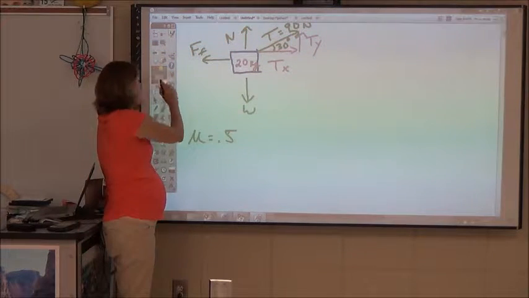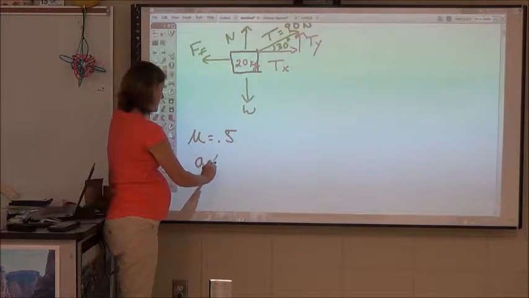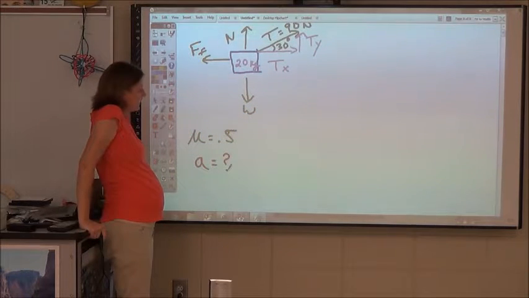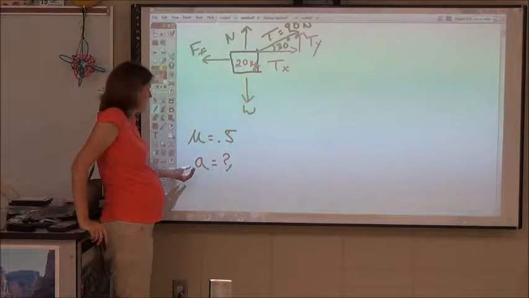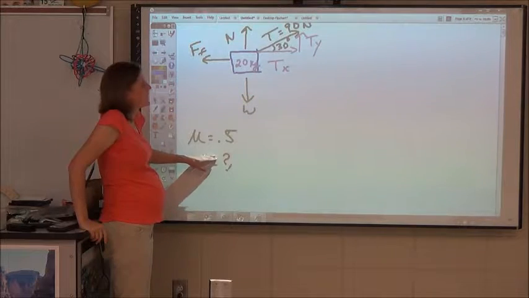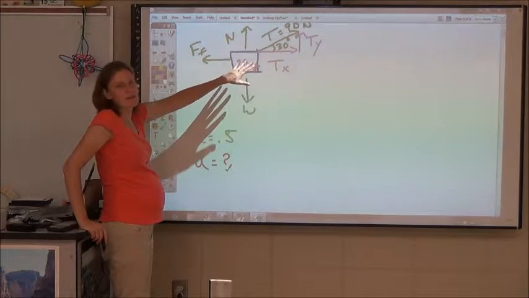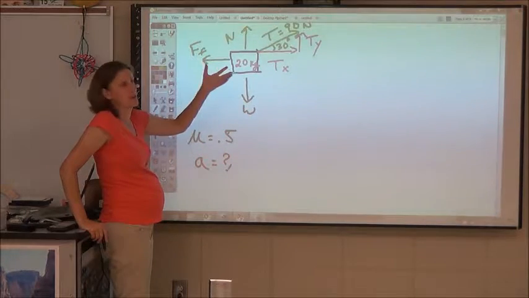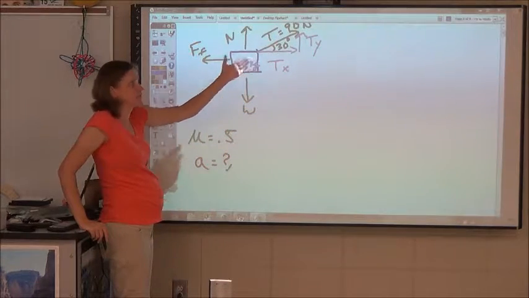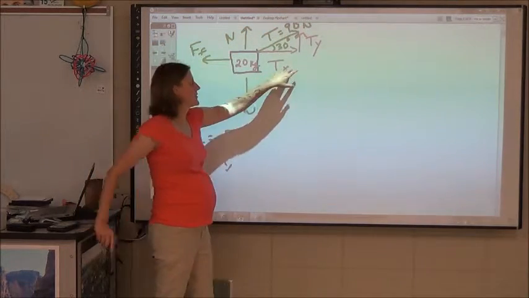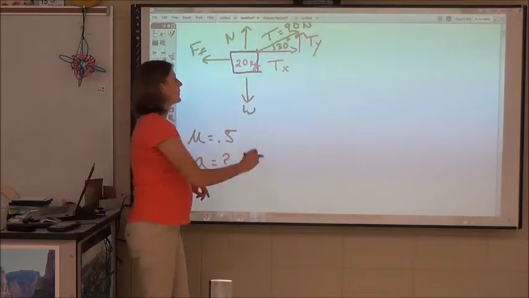And again, the question was, what is the acceleration of the box? So I'm in my forces unit, acceleration, I'm thinking F equals ma. But before I dive too far into that, you've got something at an angle. Again, most common first step when you have something at an angle is to find those components. I'm not going to use 90 newtons in this problem. I'm going to use Tx and Ty, whatever they are.